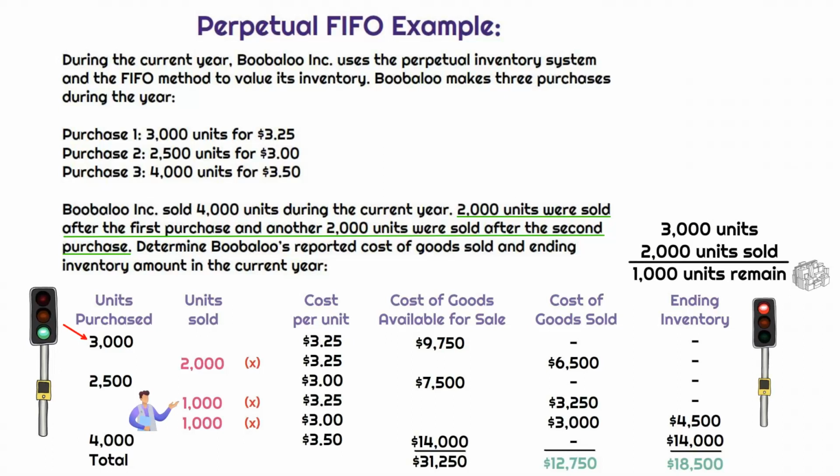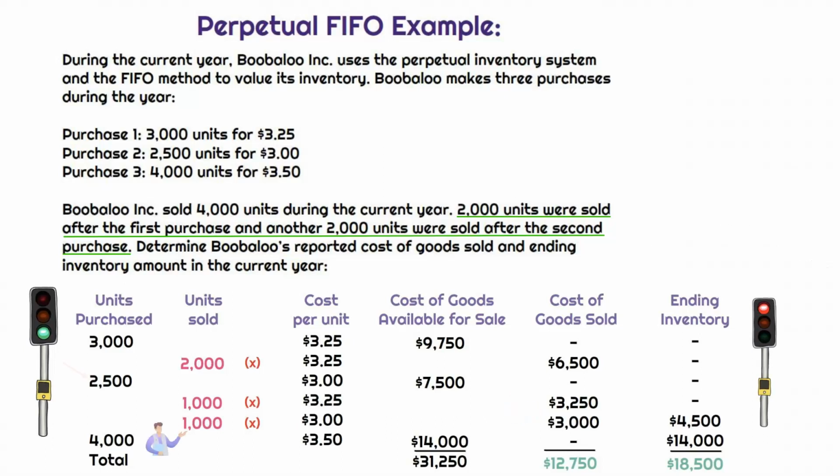Of the 3,000 units from the first purchase, 1,000 units remain after the first 2,000 units were considered. So from purchase 1, the 1,000 units that remain will be multiplied by the remaining $3.25 cost. That gives us $3,250, the remaining cost of goods sold from these 1,000 units.